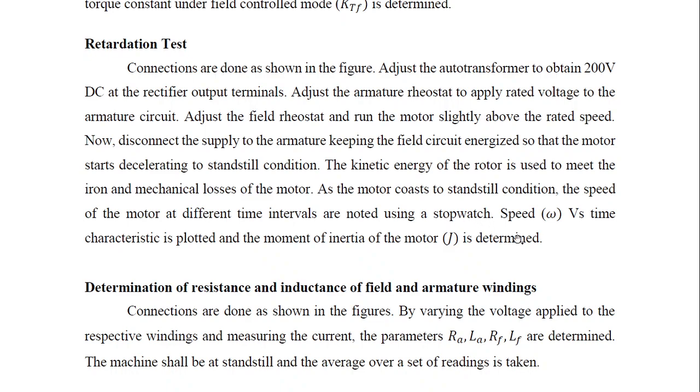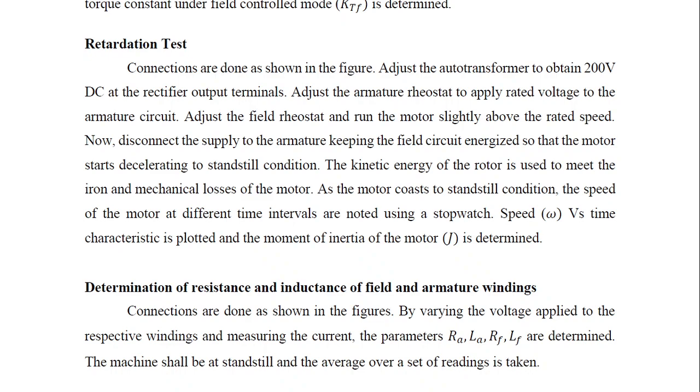if you plot the speed versus time characteristic by conducting the retardation test, then the slope of that will give the J value of the DC servo motor.